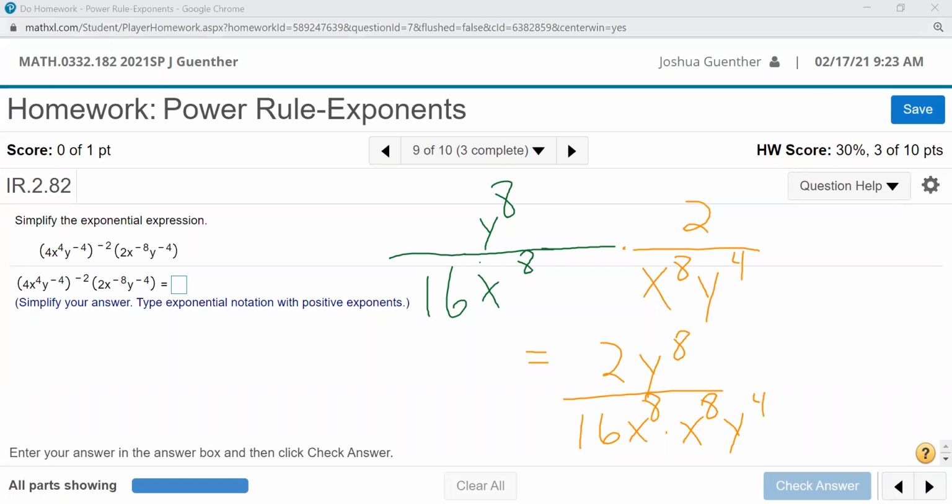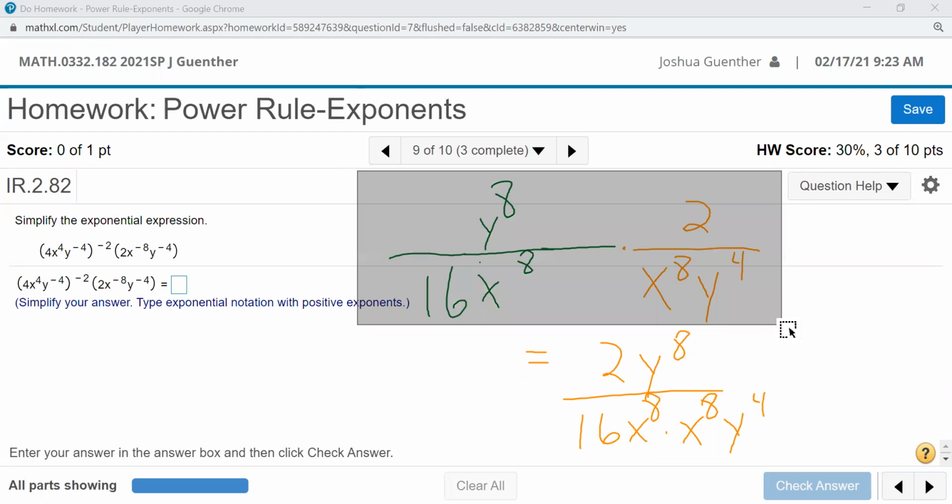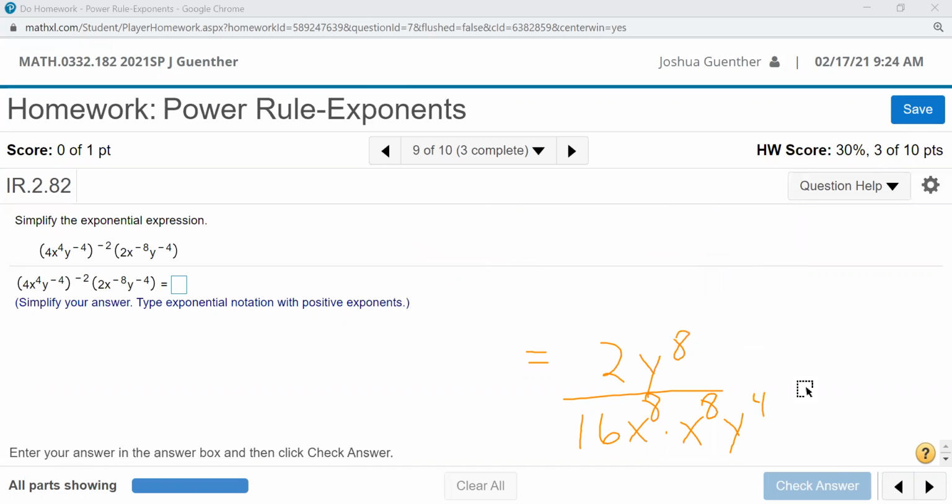Now we just have to figure out, hey, what can we do to simplify that? Well, we can take it piece by piece here. Again, let's give ourselves some space. We got a lot of space to use.